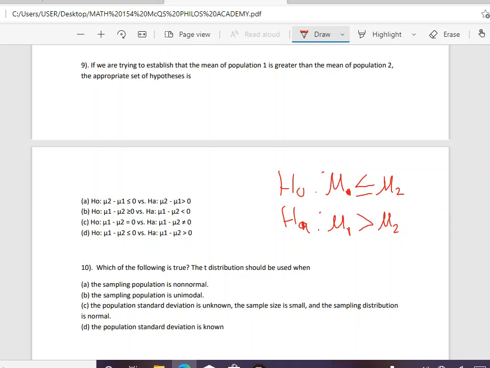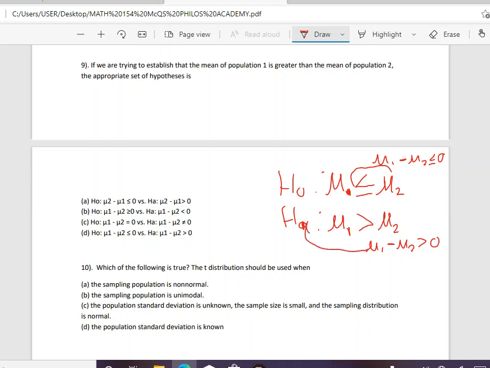When you group like terms, it will become mu1 minus mu2 less than or equal to 0. When you also group this one, you have mu1 minus mu2 greater than 0.